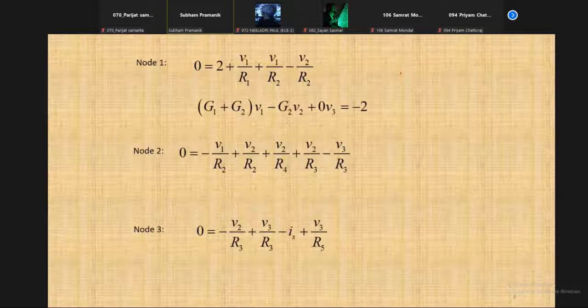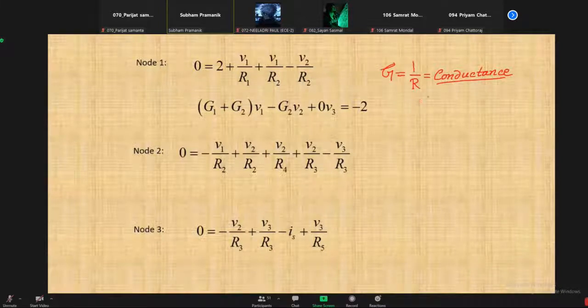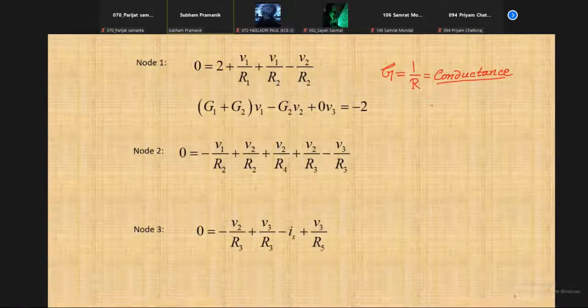G is called conductance, 1 by R. Sometimes in a circuit, only resistance will appear. Then the corresponding reciprocal can be said as conductance. Sometimes you will find Z in a circuit. So the corresponding reciprocal is 1 by Z, that is Y. This is called admittance.